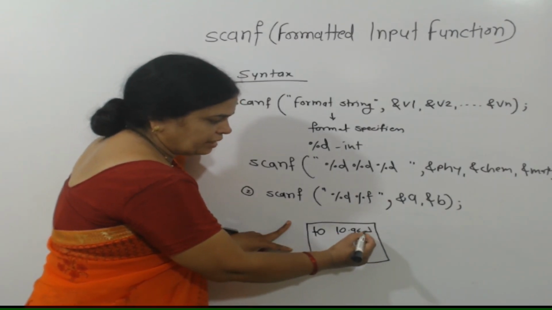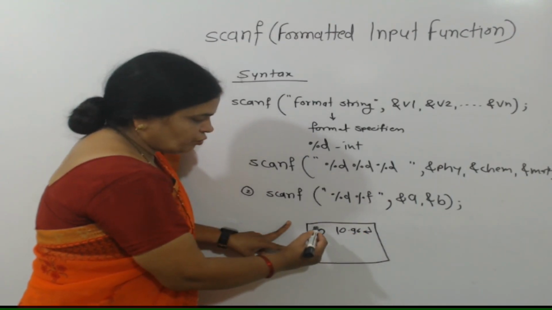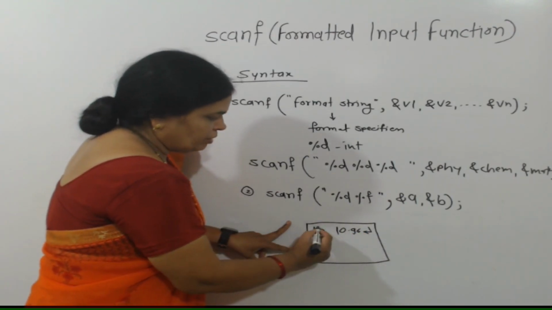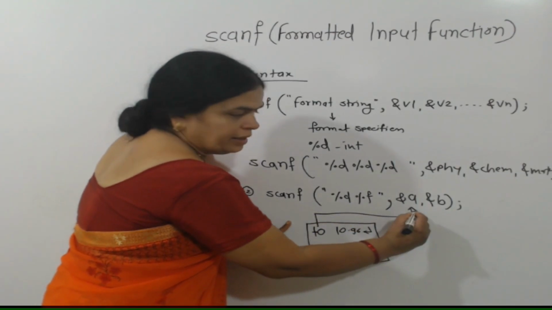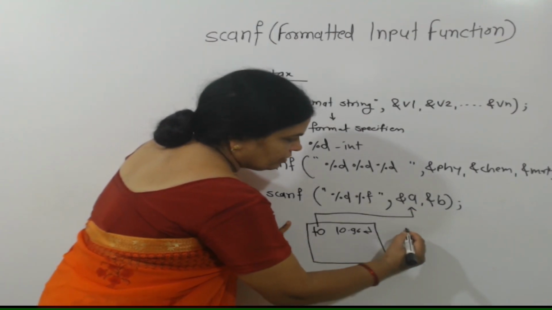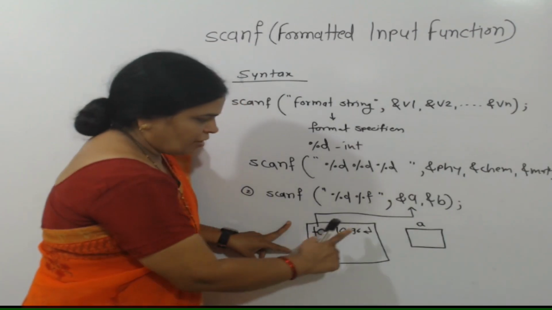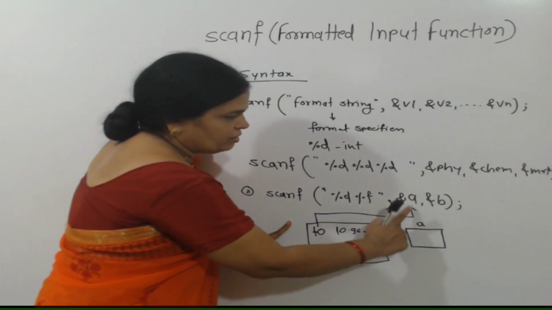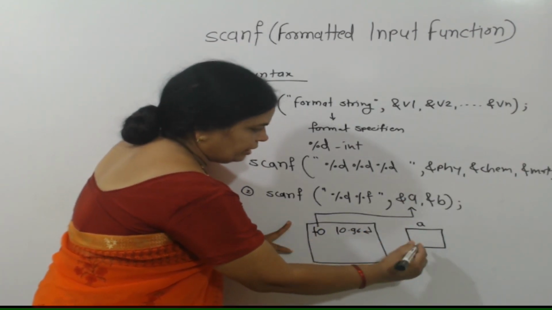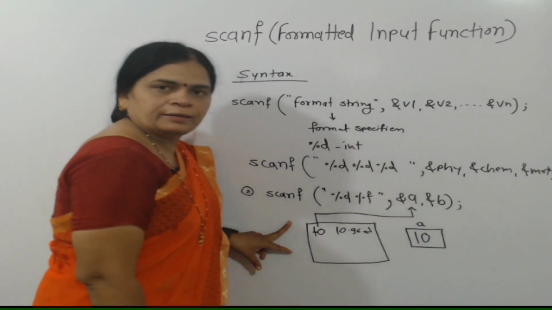After pressing the enter key, the first value, that is 10, will be stored in variable a, and we know that a is the variable which is the memory location. So after pressing enter, this 10 will be stored in variable a, which is equal to 10.